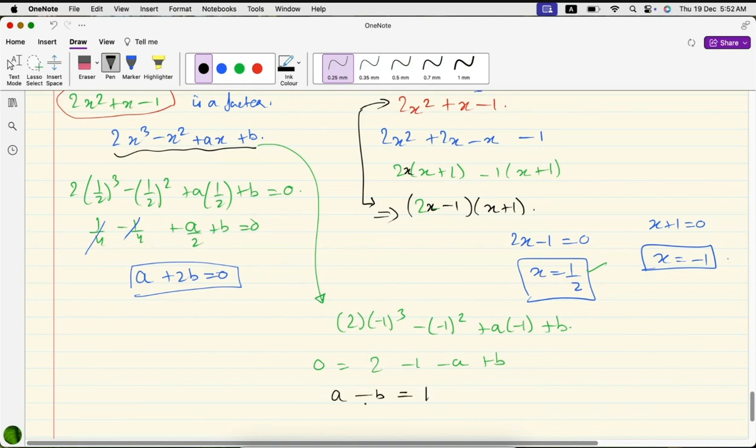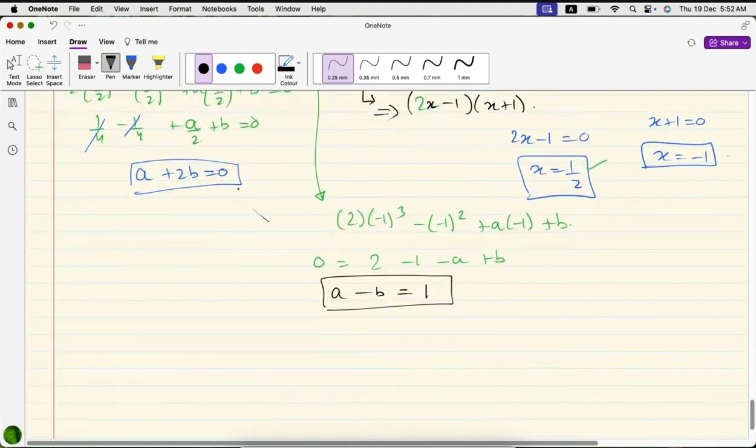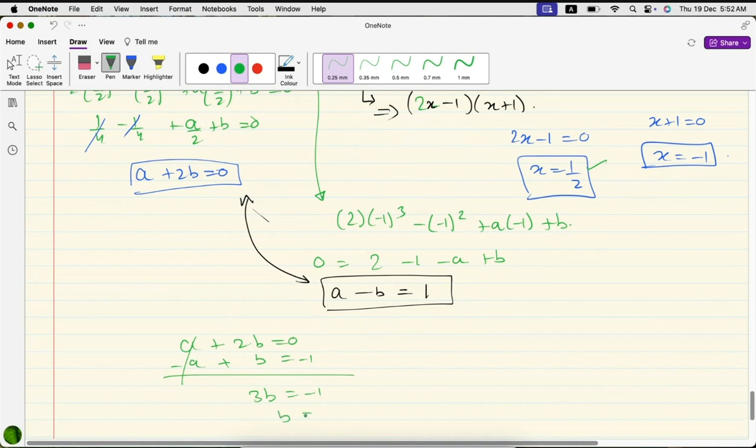A minus b is equals to 1 is equation 2. Now we solve these two equations simultaneously. A plus 2b is equals to 0. I'm subtracting the second one. Minus a plus b is equals to minus 1. 3b equals minus 1. B equals minus 1 by 3.